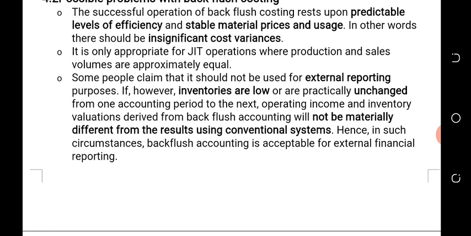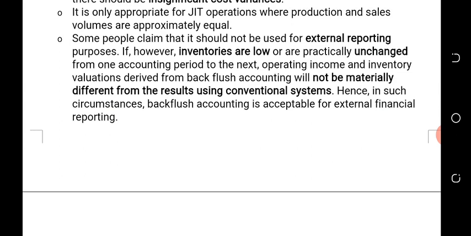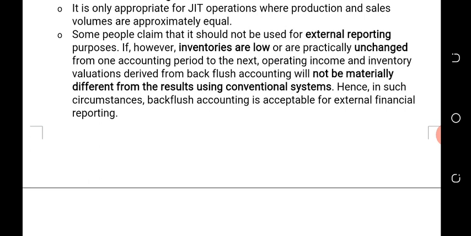Some people claim that it should not be used for external reporting purposes. If, however, inventories are low or are practically unchanged from one accounting period to the next, operating income and inventory valuations derived from Backflush accounting will not be materially different from the results using conventional systems.